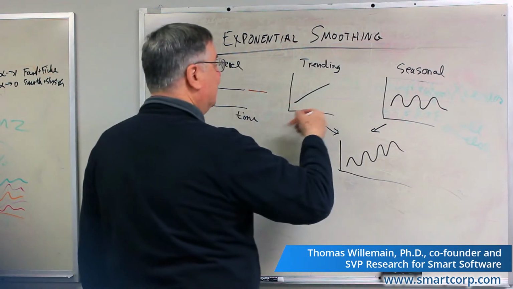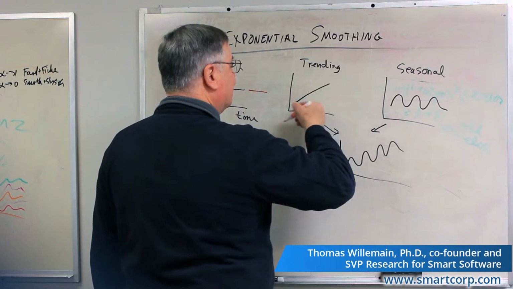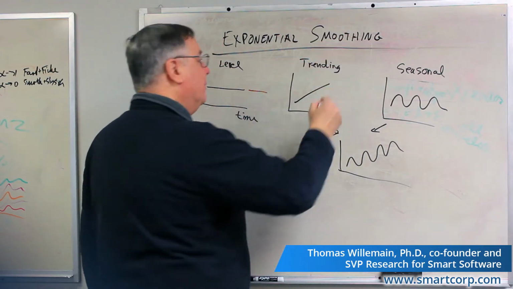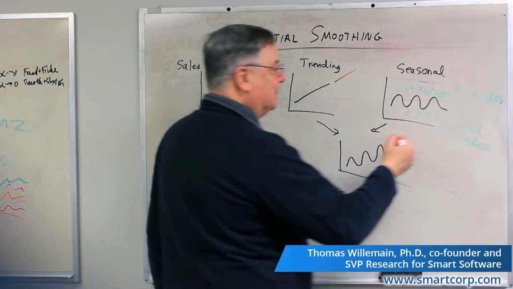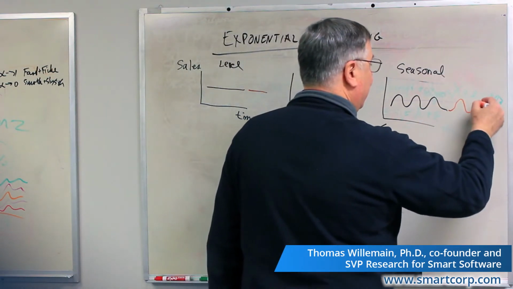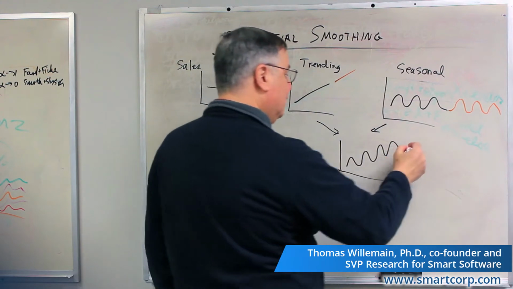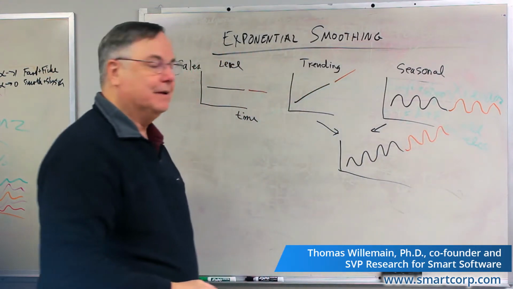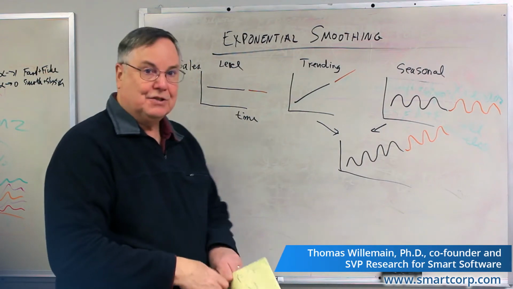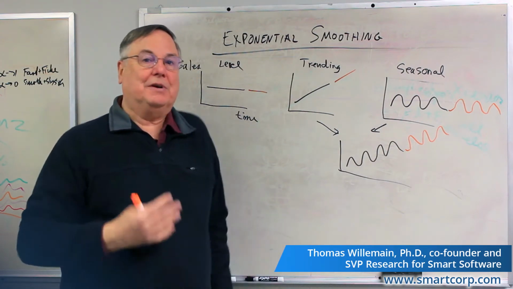If it's this, trending, and the trend is unwavering, it just keeps going, then this would be the obvious forecast. And in the seasonal case, that would be the obvious forecast, or if there's a trend, we combine those, and we have trend and seasonality both. So that's the essence of the way we think about this problem.